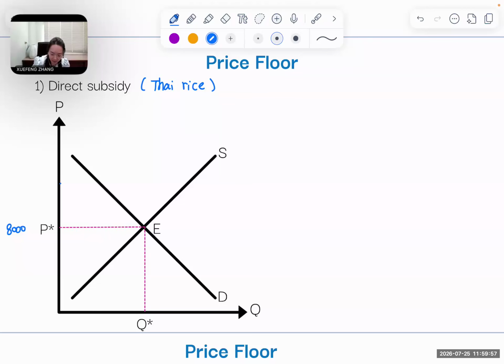Basically, the price is here. Okay, I use F, which means price floor. So let's say we have 15. The government just pays the 7,000 baht gap straight to the farmer, right? Because we have a gap here.